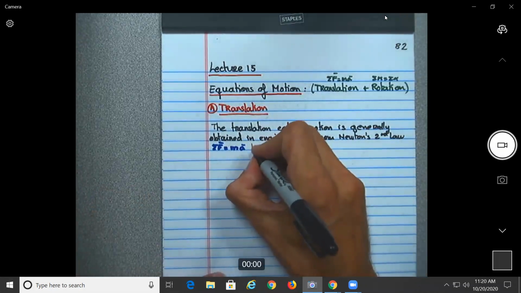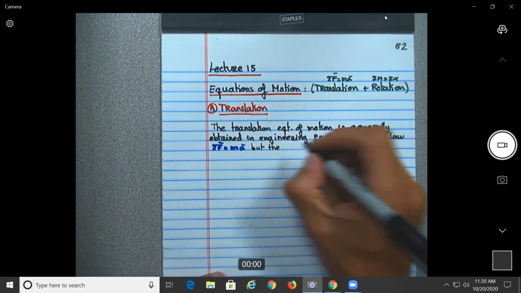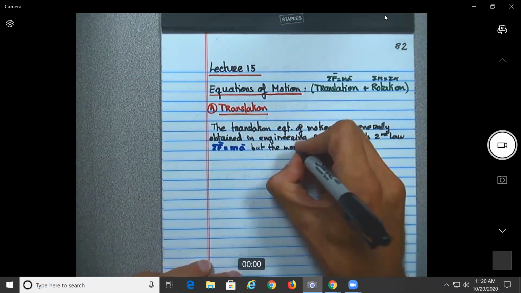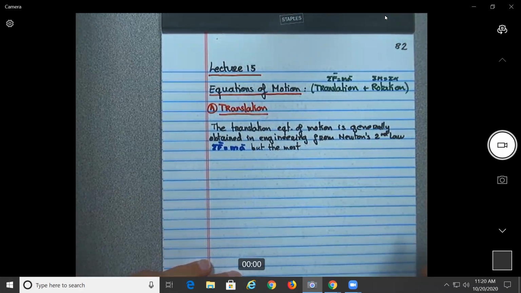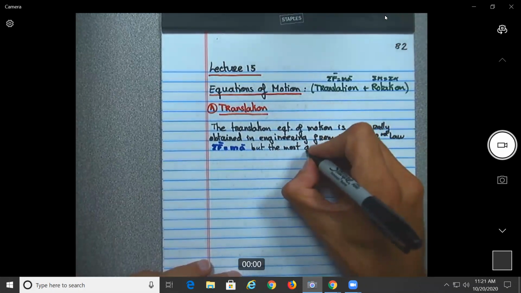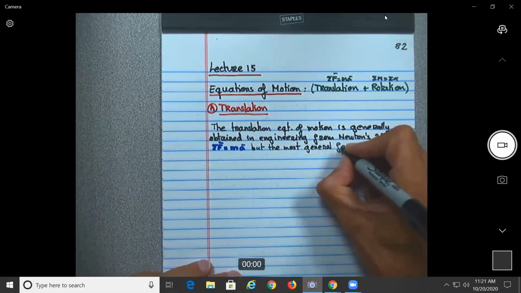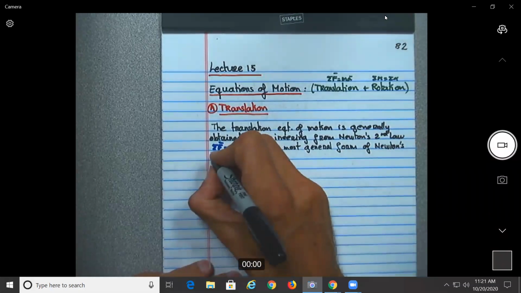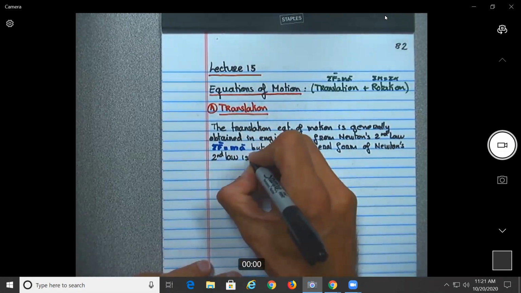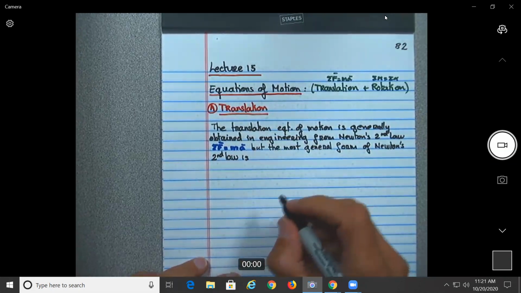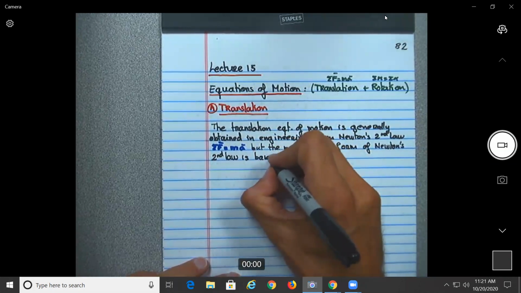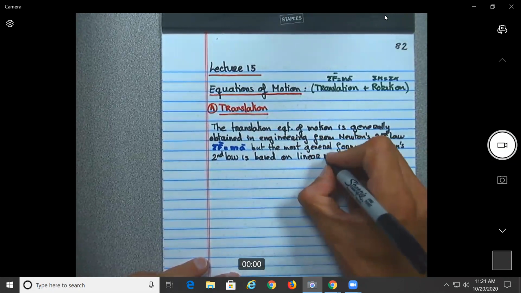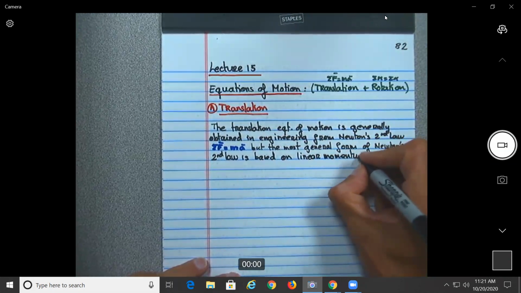But the most general form of Newton's second law is based on the linear momentum principle.